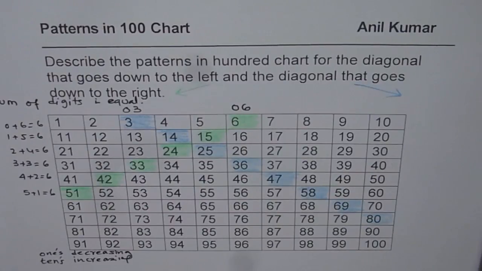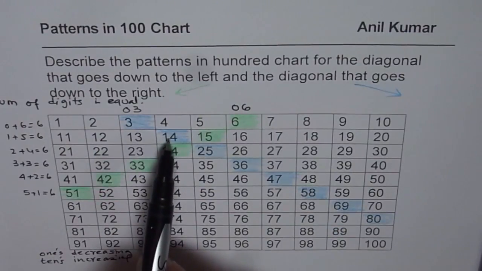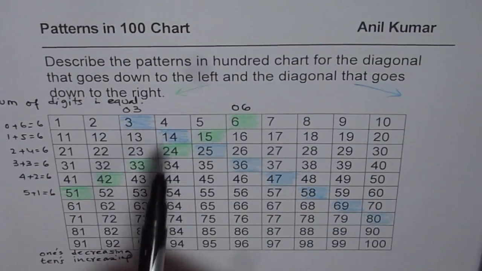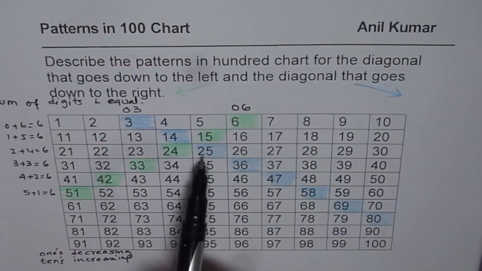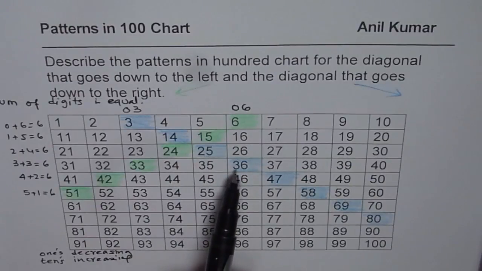Now the question here is there any other pattern? Yes, you can see you add by 11. 3 plus 11 is 14. 14 plus 11 is 25. 25 plus 11 is 36, right?